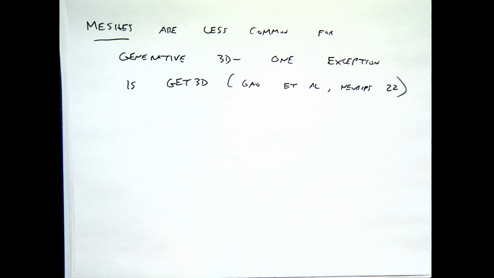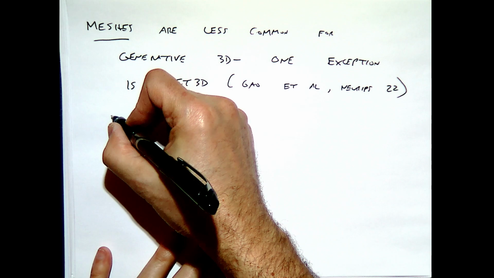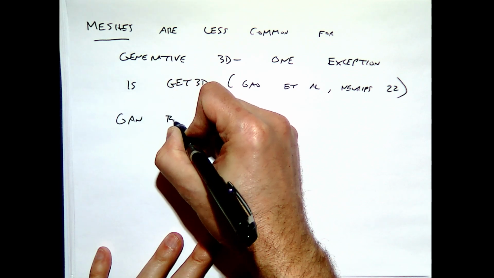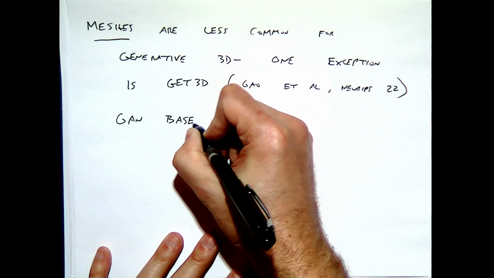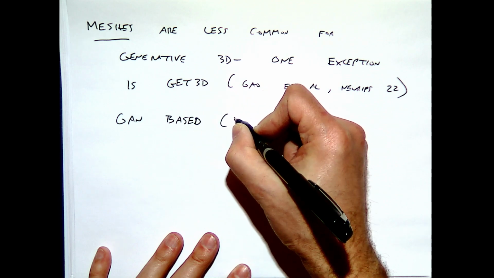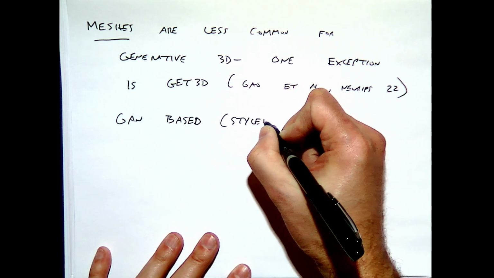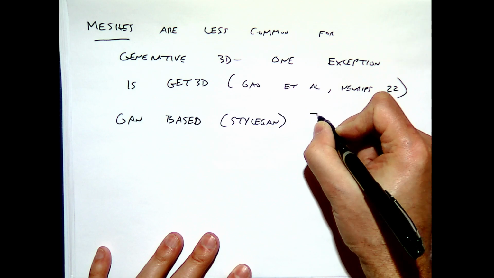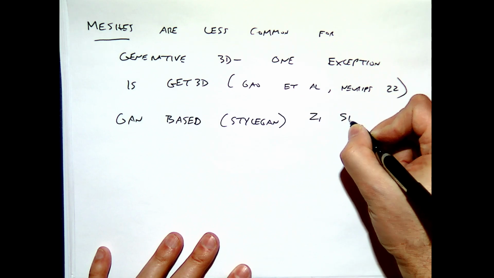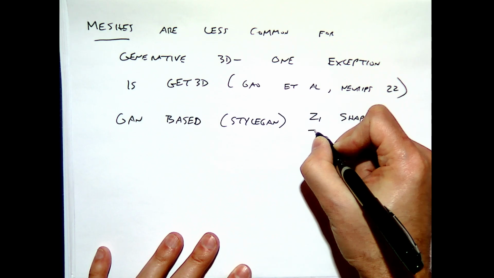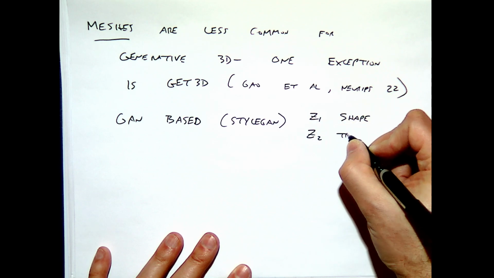And so this is a GAN-based method that is inspired by StyleGAN that uses two random latents to control basically the shape and the texture of a mesh. And so let's just say it, GAN-based, kind of similar to a StyleGAN type idea. We have a latent for shape and a latent for texture.